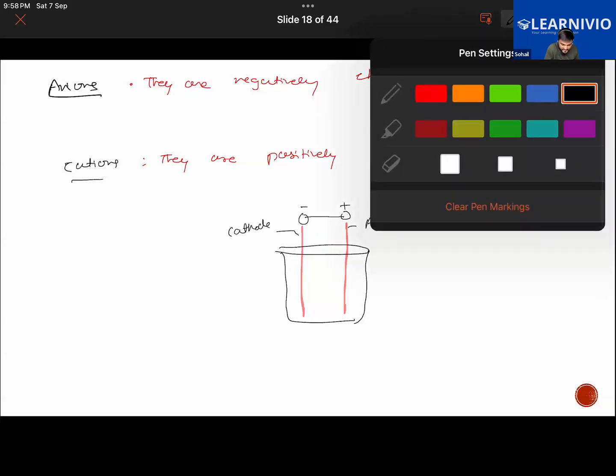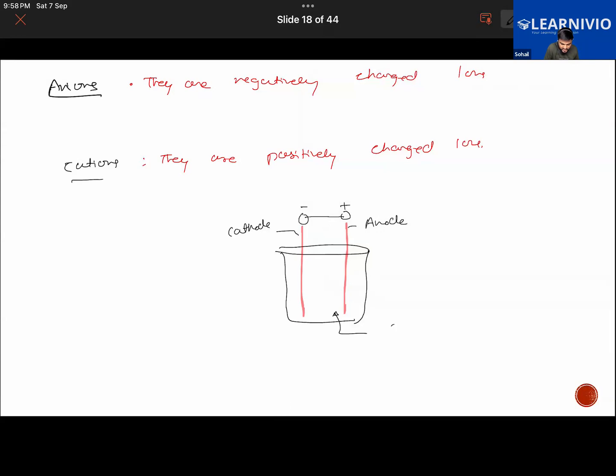Let us again take the example of the copper sulfate solution here, that is the electrolyte. Upon passing of the electric current, this gets split into copper ions and sulfate ions.